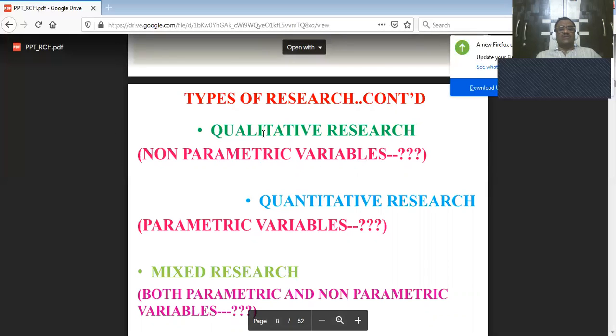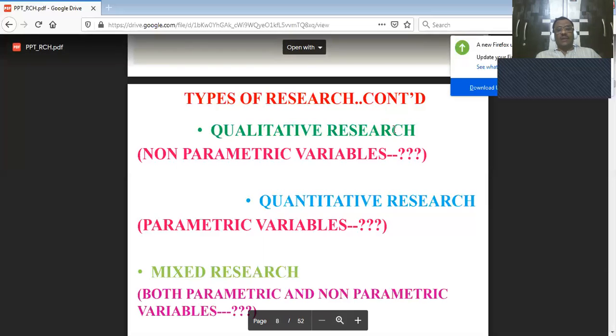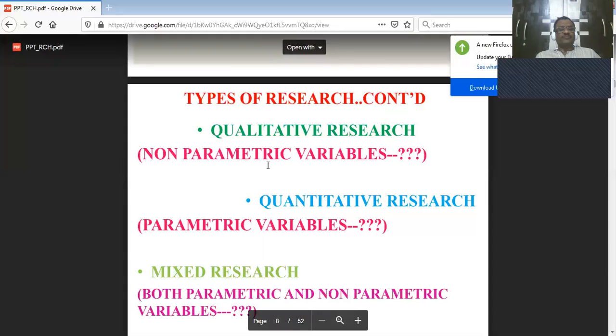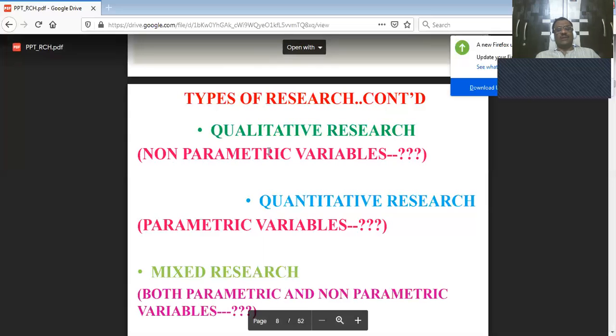Qualitative variables are also called categorical variables. Any research that focuses on such qualitative variables is going to be your qualitative research, and we call them non-parametric variables, or non-parametric research, or qualitative research.